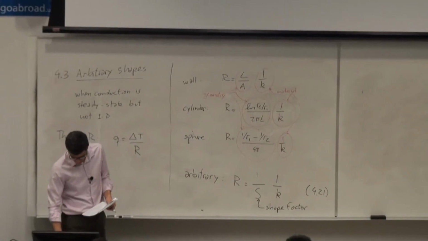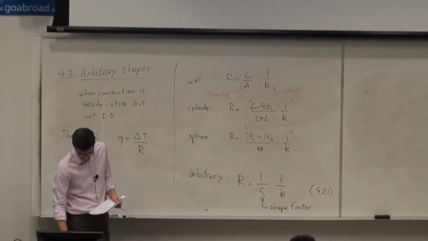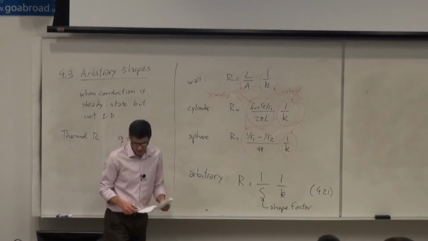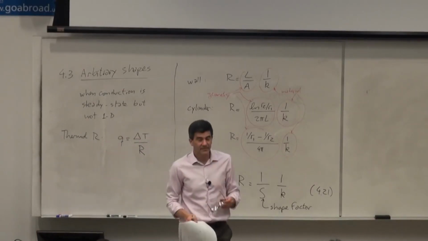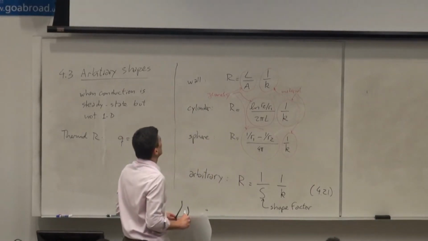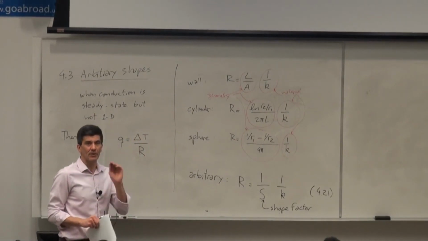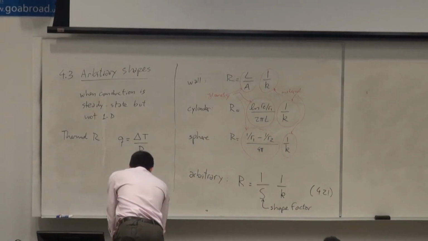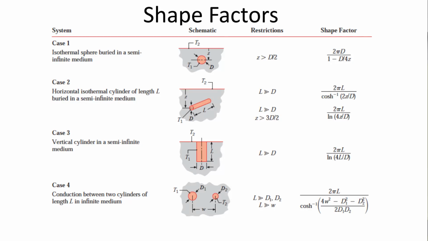So here you go. You see these shape factors? They are tabulated in the book. Somebody, and is somebody you're happy you're not, was doing triple integrals to solve the heat diffusion equation for these different geometries.